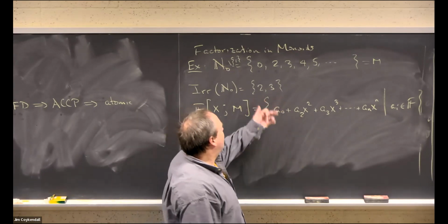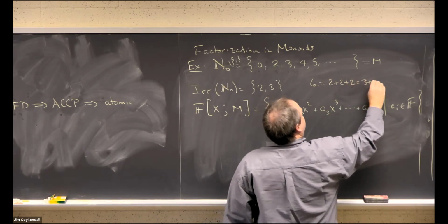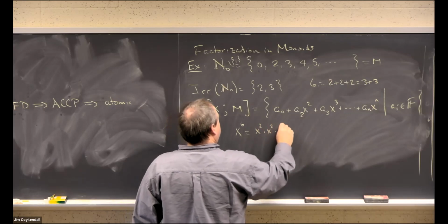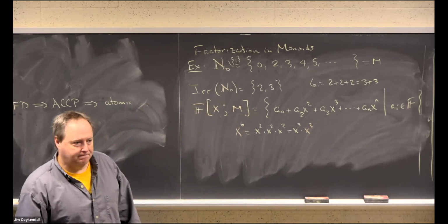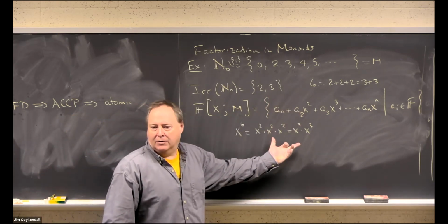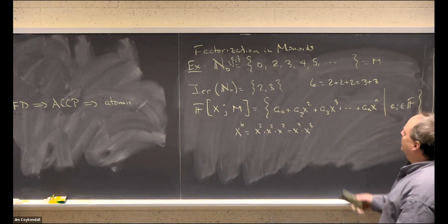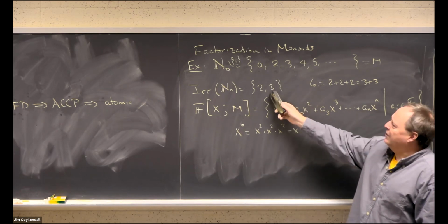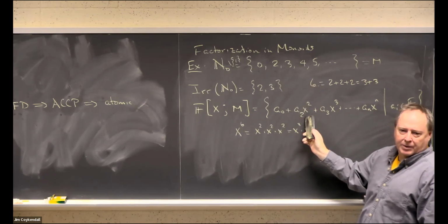And notice that the analog of 6 is 2 plus 2 plus 2, which is 3 plus 3. Okay. So we've got kind of the additive analog. This is how you carry it over to a multiplicative situation. Right? Notice though that the factorization, notice this is much more complicated, isn't it? Because this has extra irreducibles. The only irreducibles in the monoid are 2 and 3. But for example, 1 plus x squared is also irreducible here, and there's no analog.